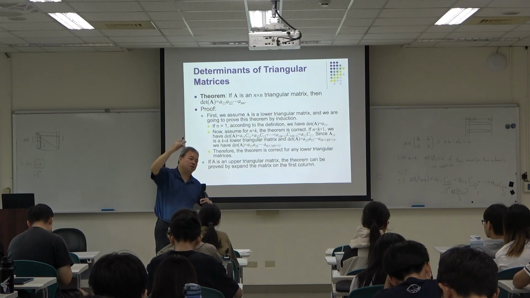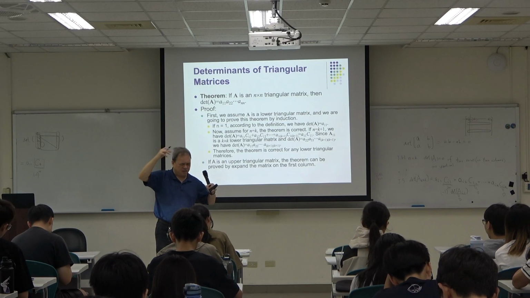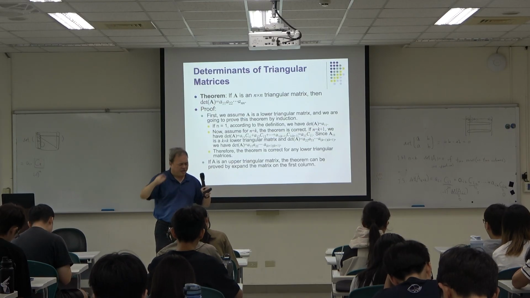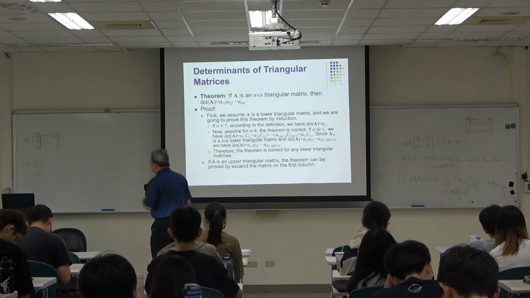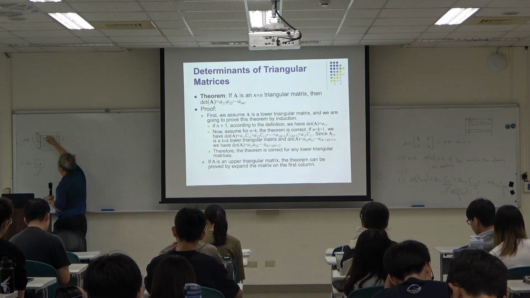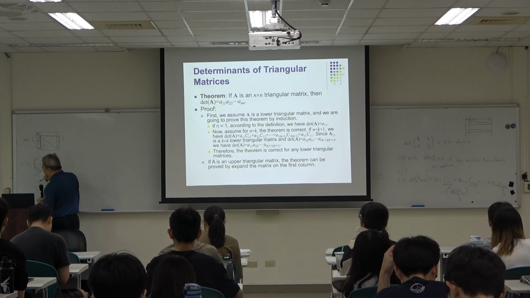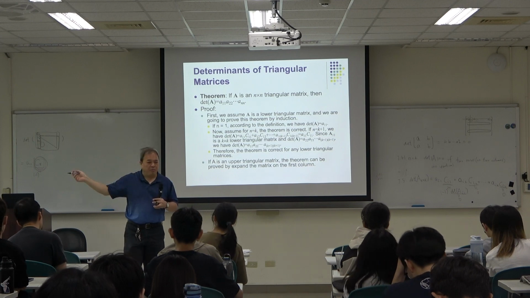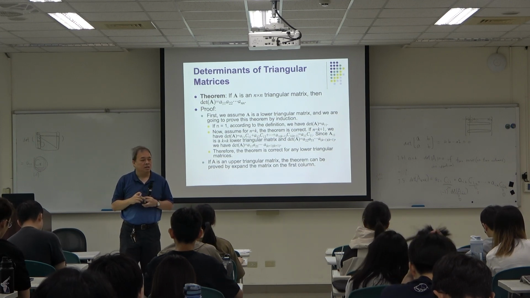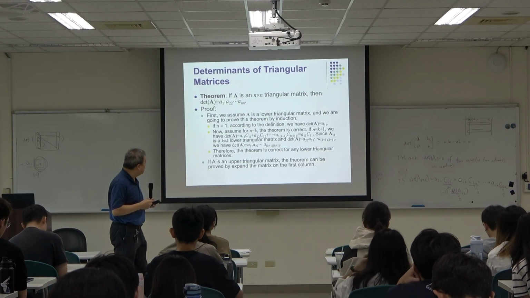If the size n is lower than K, assume it holds. If the size is K and it's upper triangular, you just need to expand, and you get this one times this one, but for this one you can directly apply the induction hypothesis to get A22 times A33 and so on.